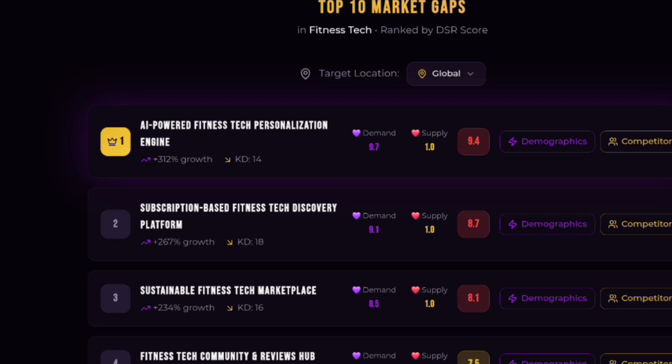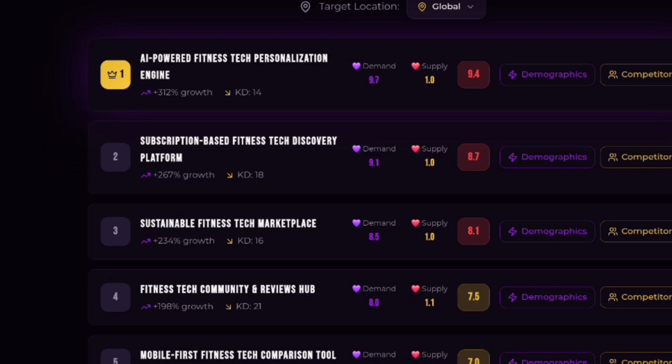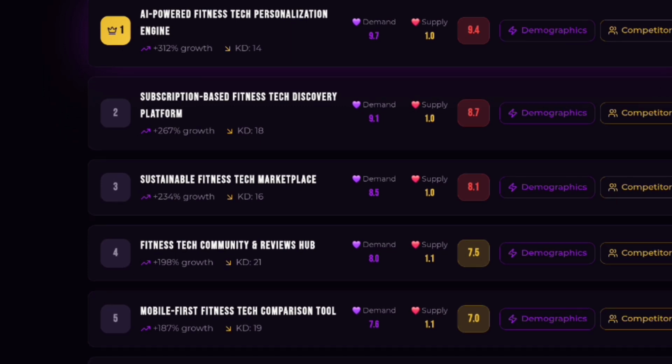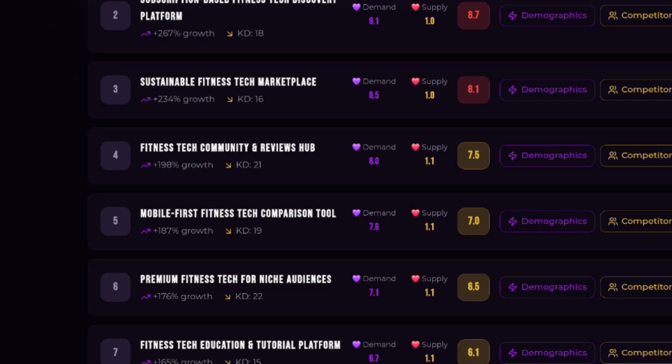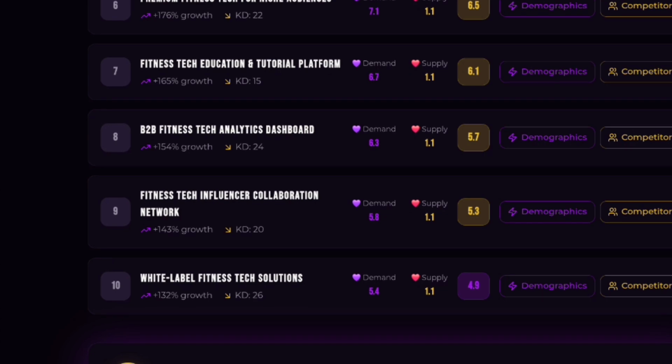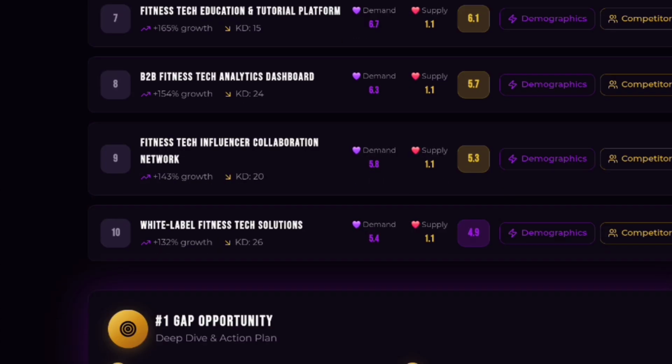So it's good to see how this is all broken down for you, and the subscription-based fitness tech discovery platform is the second one. You can go through all of the different ideas and see where my product fits, or whether I actually like this sort of product a lot better because it's showing 143% growth.